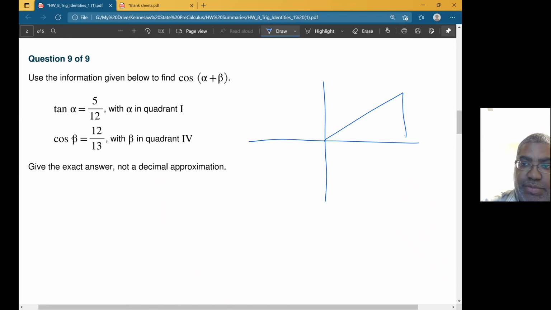Then cosine of beta is 12 over 13, with beta in quadrant 4.